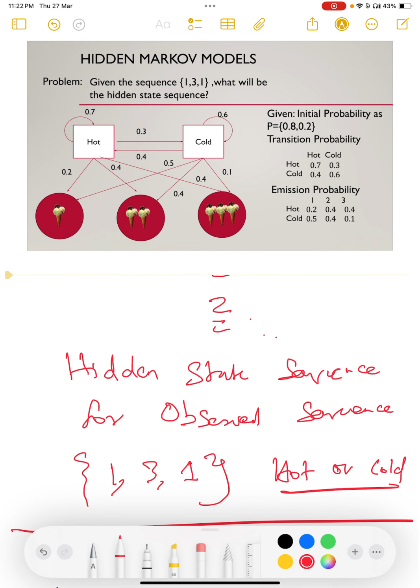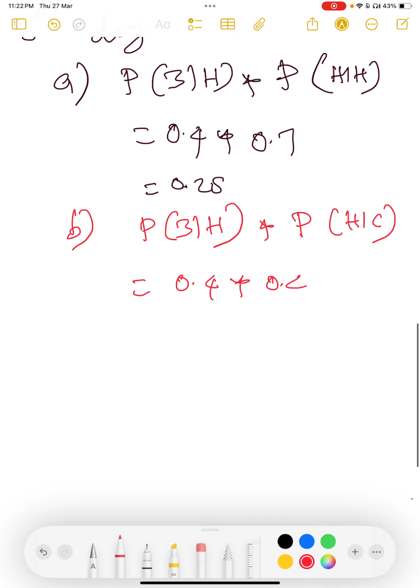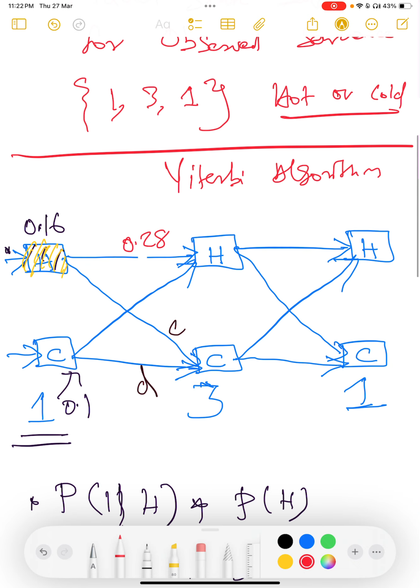H given C is 0.4. So it's 0.16. B is 0.16.